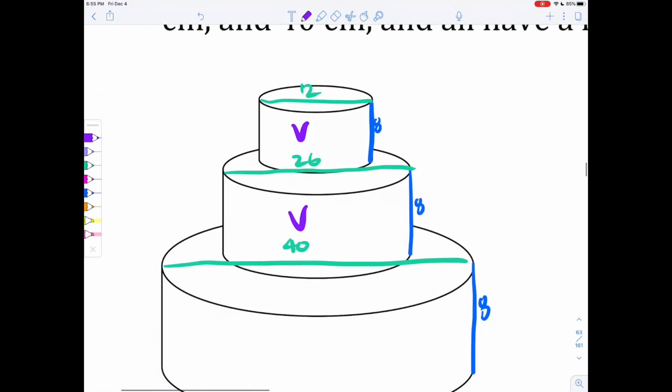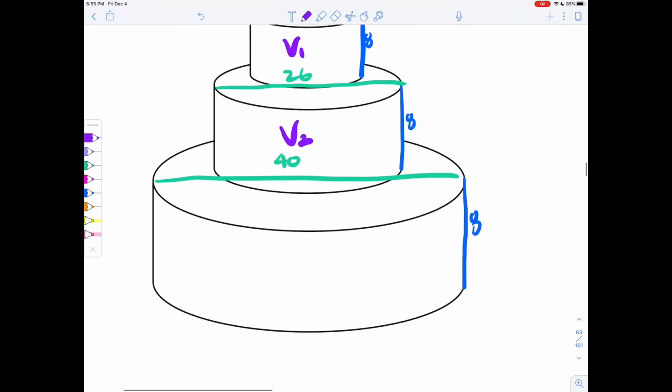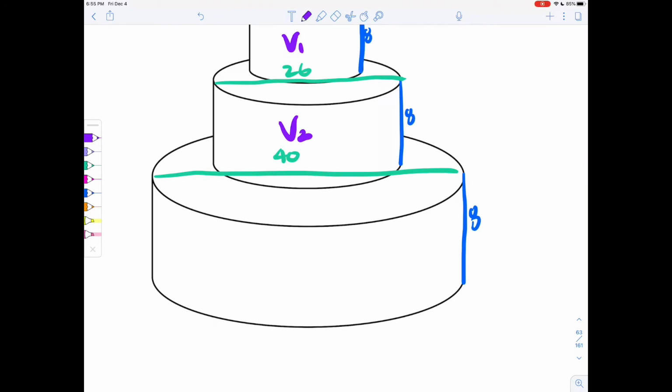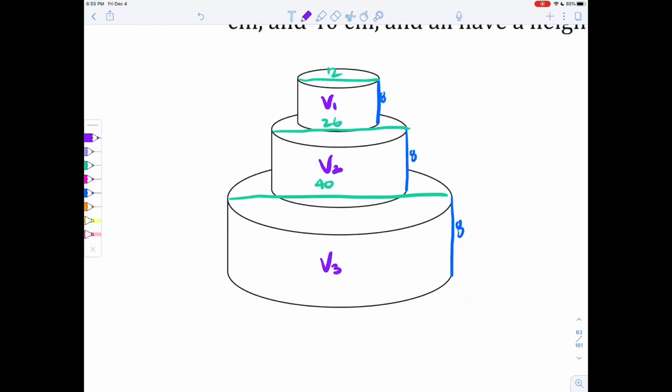Similarly here, I'm just going to call this V1 and call this next one V2. So we're talking about the first slab, the second slab, the first volume, the second volume, and over here, the third volume. So we use those subscripts to our advantage, just like that.